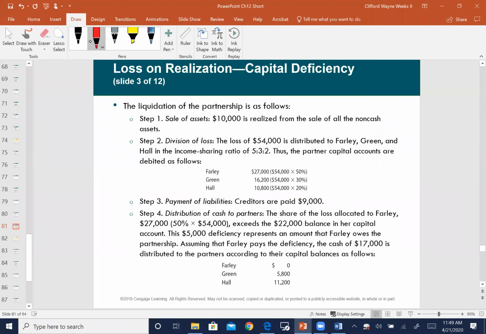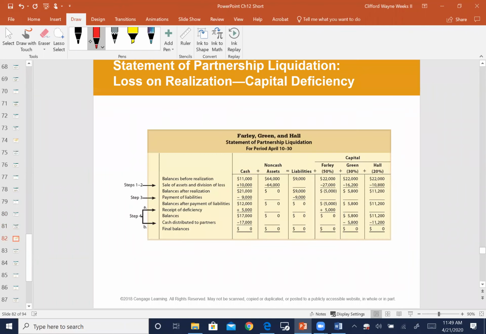And so, again, we end up here with a $54,000 loss. Half of it goes to Farley, 30% of it goes to Green, and that's where it puts Farley at negative $5,000.